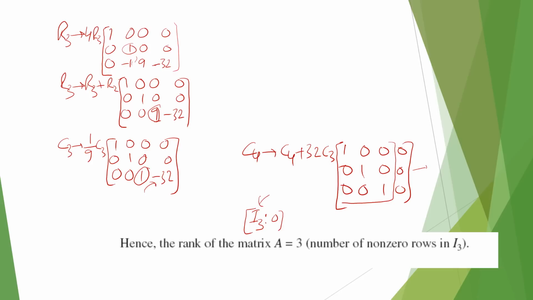So we can say the rank of the matrix A is 3, the number of non-zero rows in I3. So this is the way to use the normal form and find the rank.